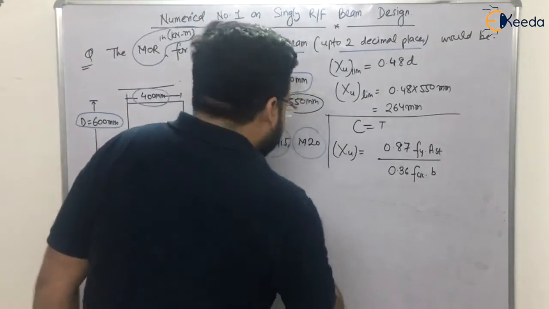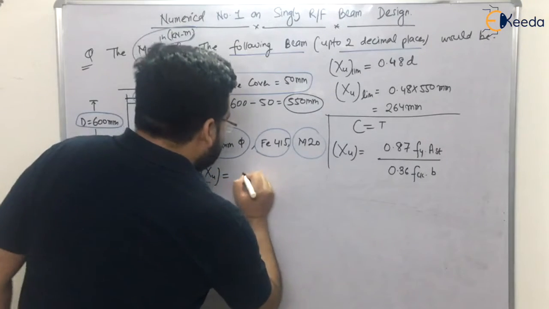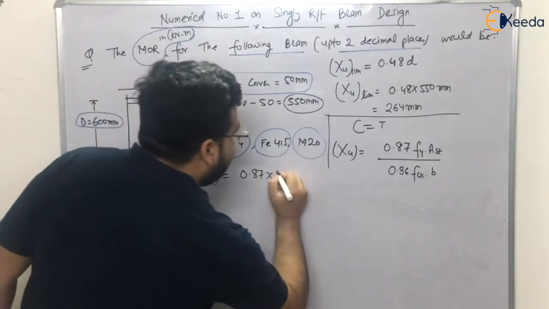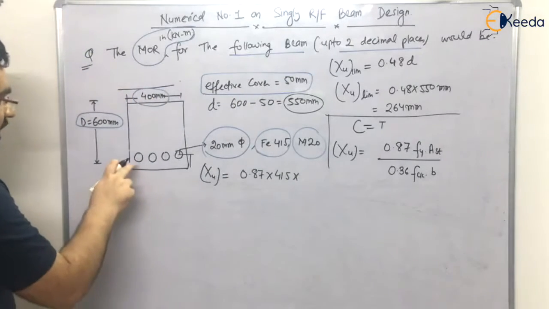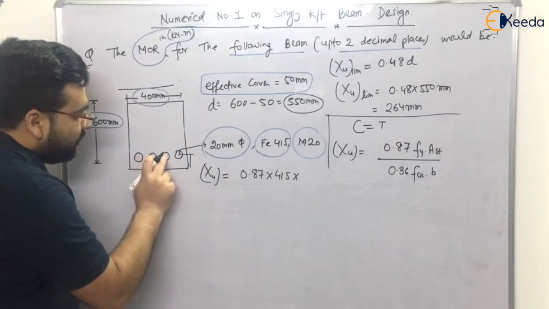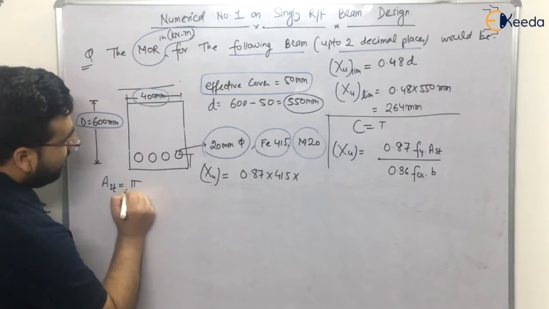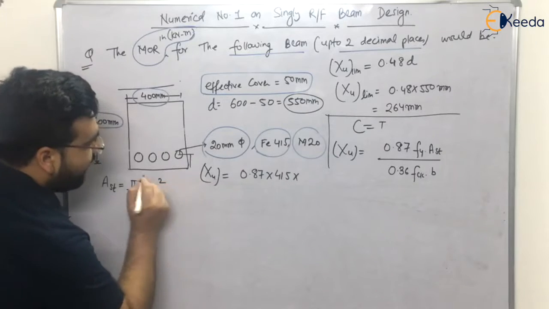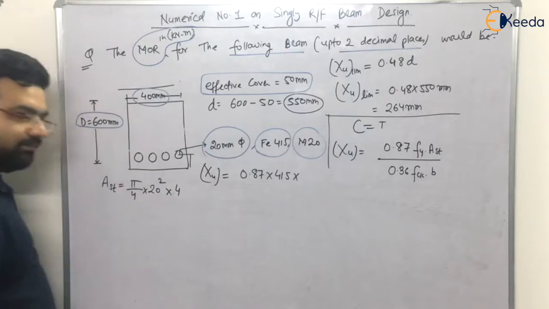So XU will be equal to 0.87 into Fy, which is 415, into AST, the area of steel. We have 1, 2, 3, 4 bars. So area of steel will be equal to pi by 4 into diameter of the bar, 20 square. This is the area of steel for 1 bar. We have 4 bars, so into 4.